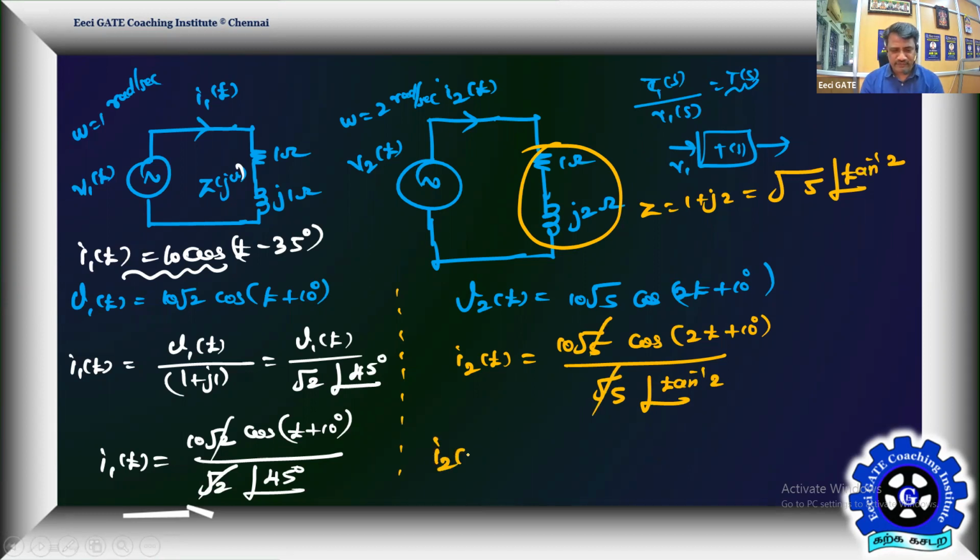So I2 of t is equal to 10 cos(2t plus 10 degrees minus tan inverse of 2).